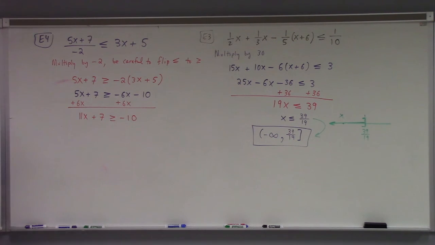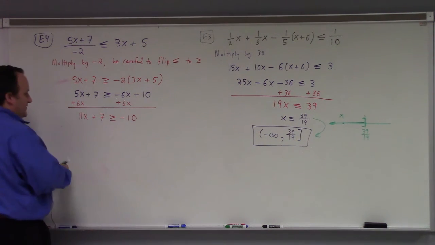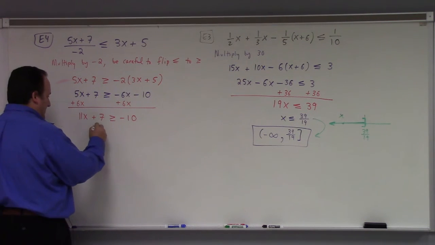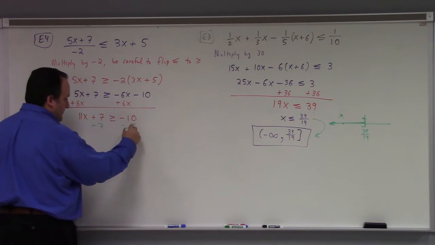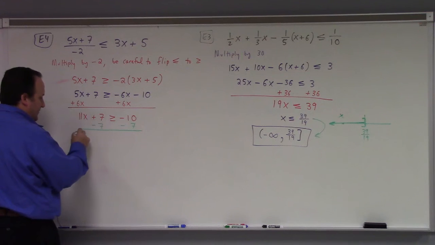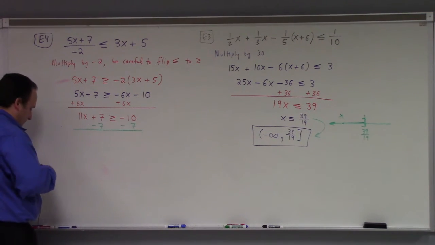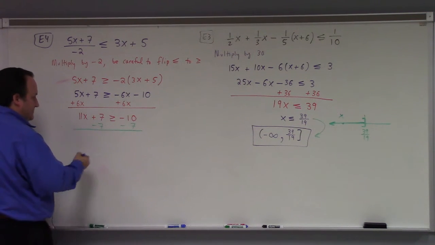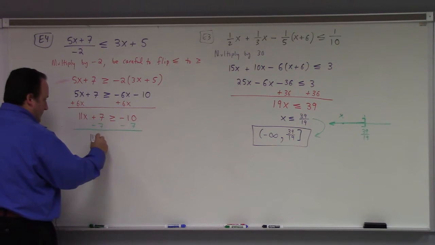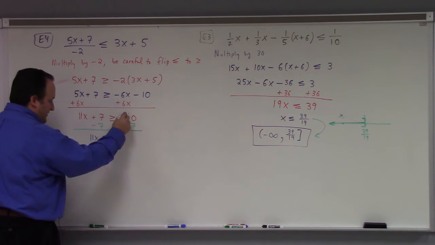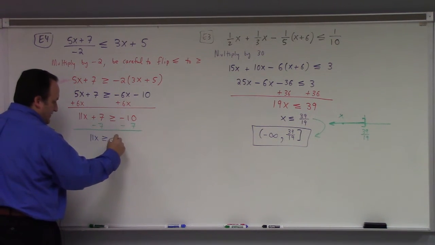Subtract 7 from both sides. Some of you might ask, couldn't you have done that in the last step rather than making so many steps? Well, yeah, sure. But I'm trying to include a few more steps for the people who are more lost. So that's 11x greater than or equal to minus 10 minus 7, which is minus 17.